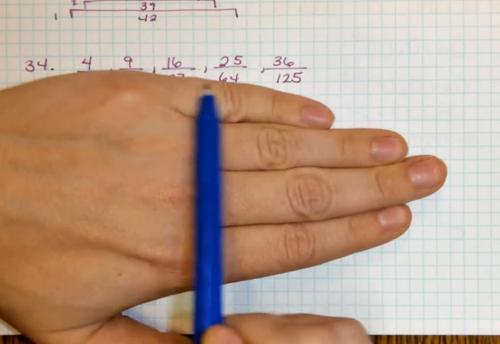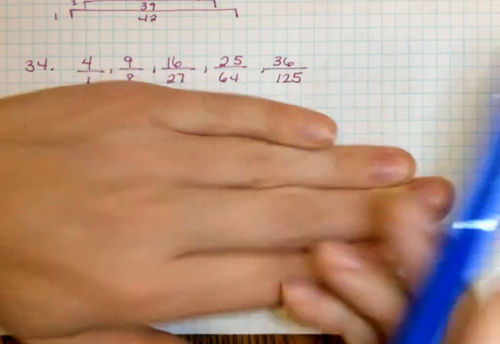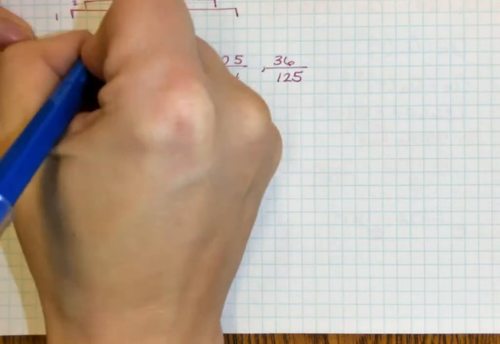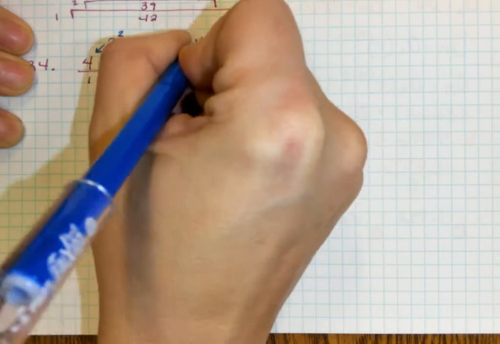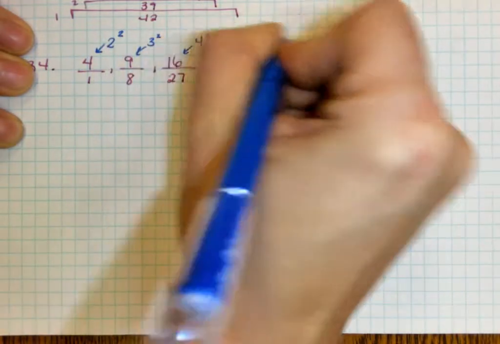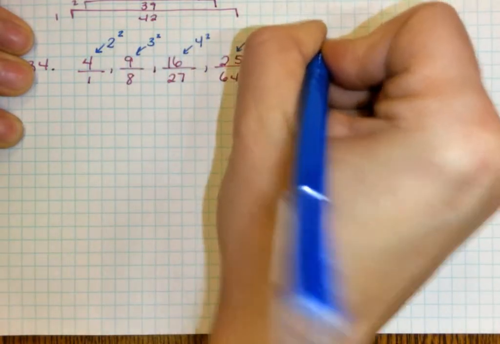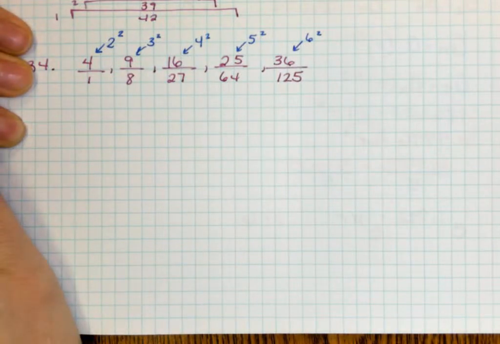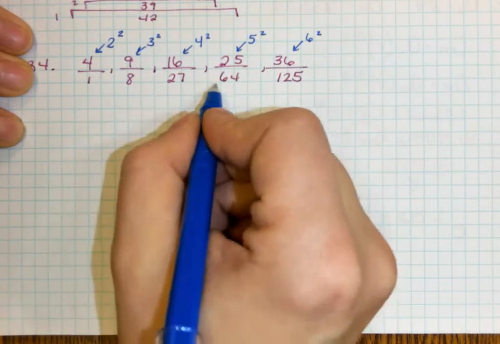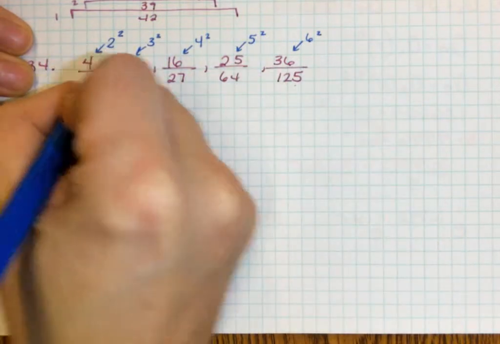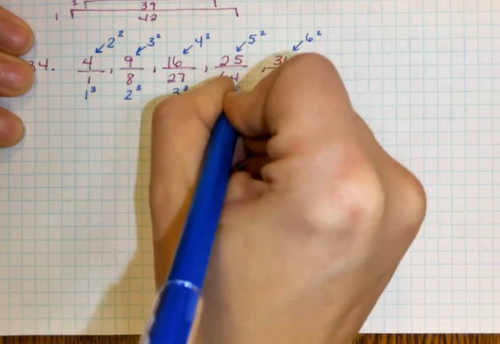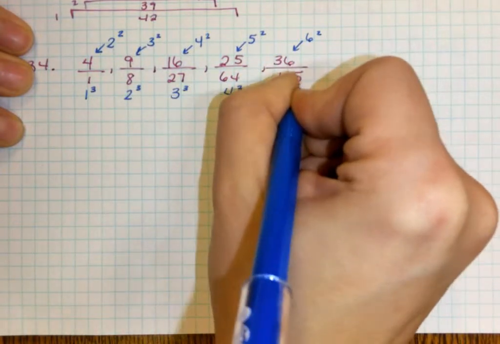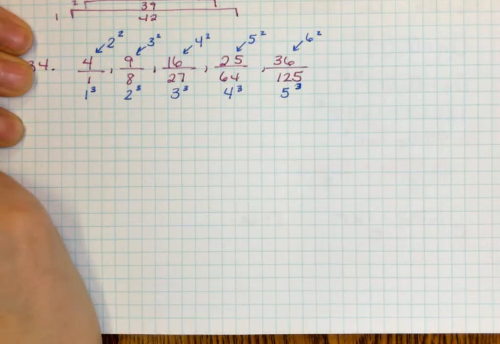All of those are perfect squares. So this is 2 squared, 3 squared, 4, 5, and 6. That's the first thing we need to notice. What about the bottoms? Cubes. That's 1 cubed, 2 cubed, 3 cubed, 4 cubed, and 5 cubed.